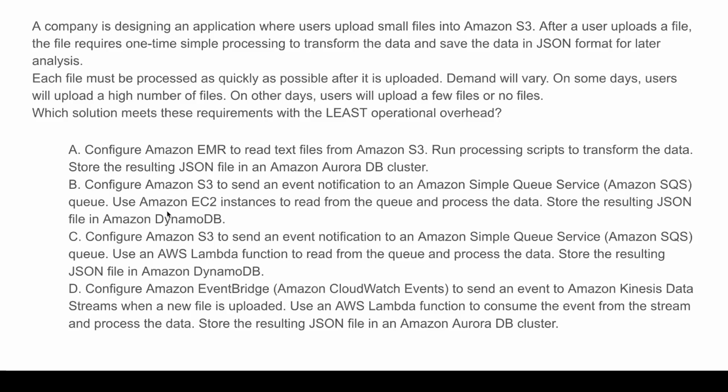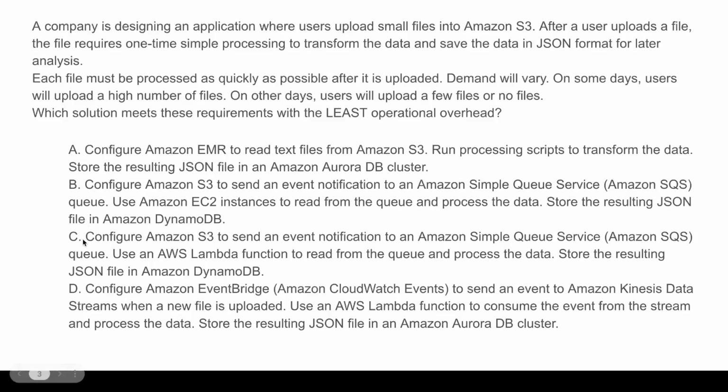The second part uses Amazon EC2 instances. Now this is not that great because Amazon EC2 instances are very long-lasting but not very operationally efficient for variable demand projects. So we can once again put B down for now because there are probably going to be more efficient ways than using EC2 instances.